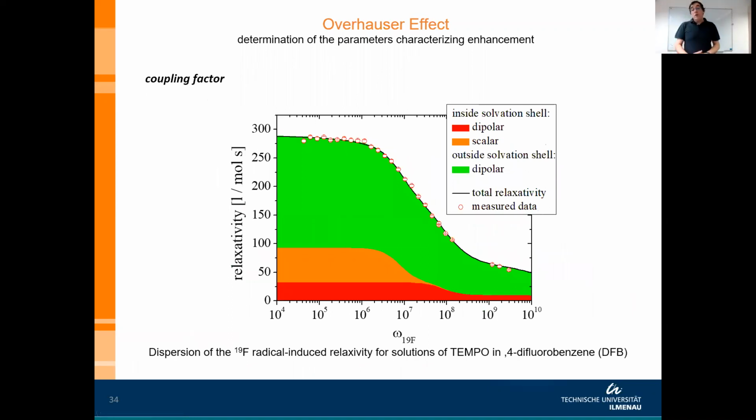This is a typical experiment done in field cycling. I will describe the experiment a bit later, but most of us here in the community know what we get here.